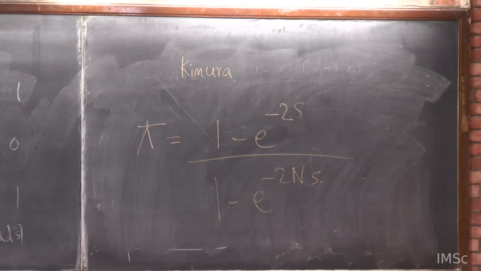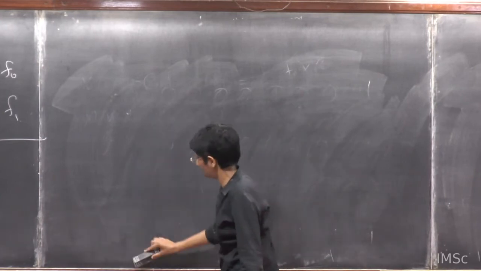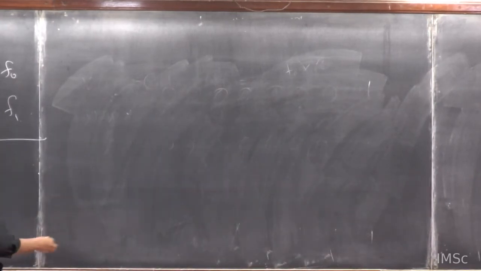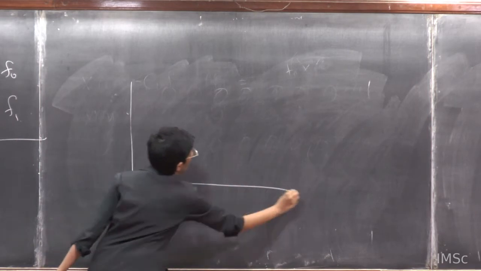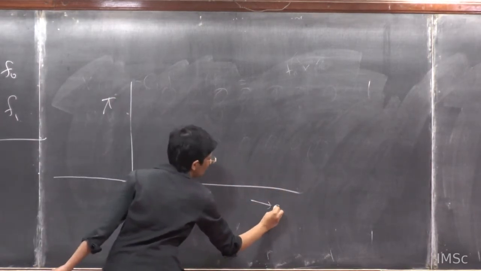Okay? So, what I want you to do is the following. Fix a value of n, whatever you like, and plot pi as a function of s, where s could be negative, 0, positive. So, let us do that first. Please try to plot this and show me how the plot looks.